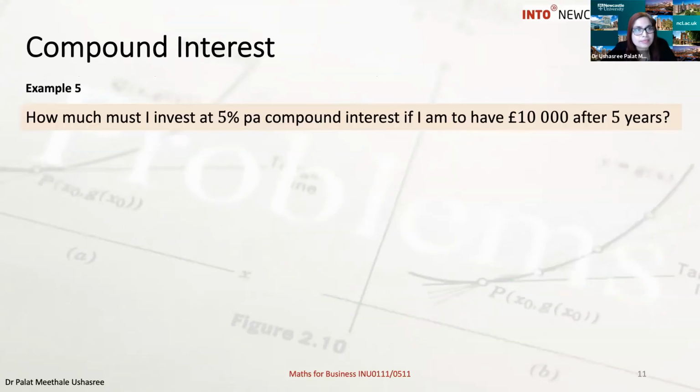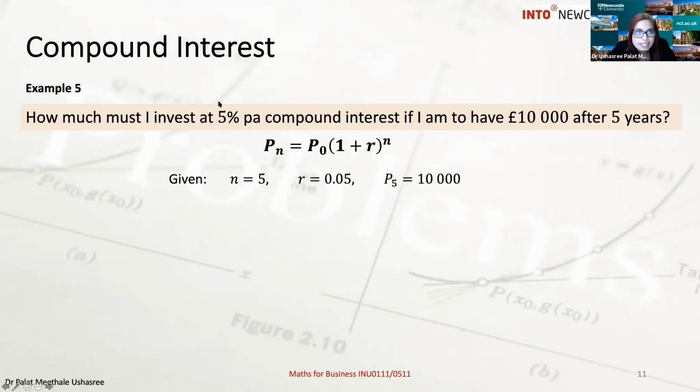Why don't you try this problem? How much must I invest at 5% per annum compound interest if I am to have 10,000 after 5 years? Please use this formula. You know what is given in the question.